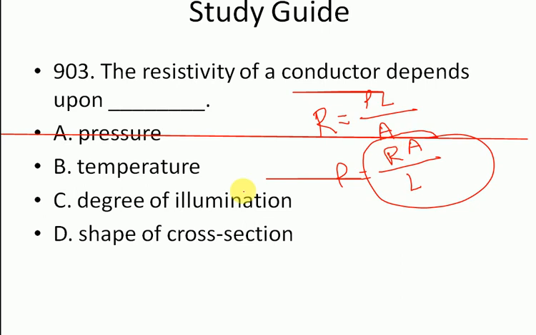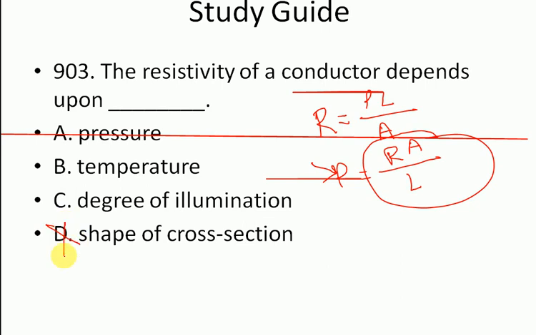Rho is a physical property of a matter, and it depends exclusively on the property of the matter. If you change the matter, the property changes and then rho changes. Looking at the options, the shape of the cross section will not be the answer.